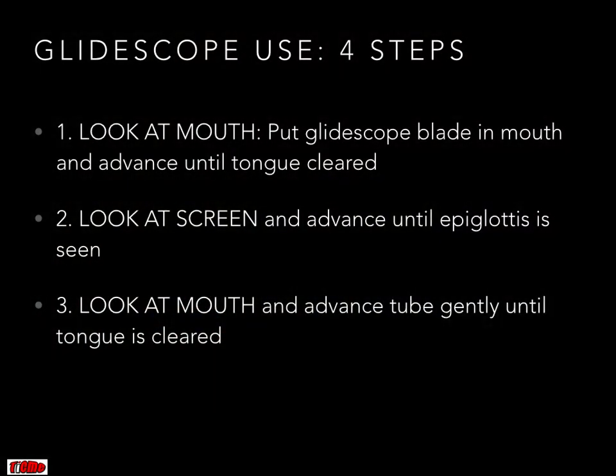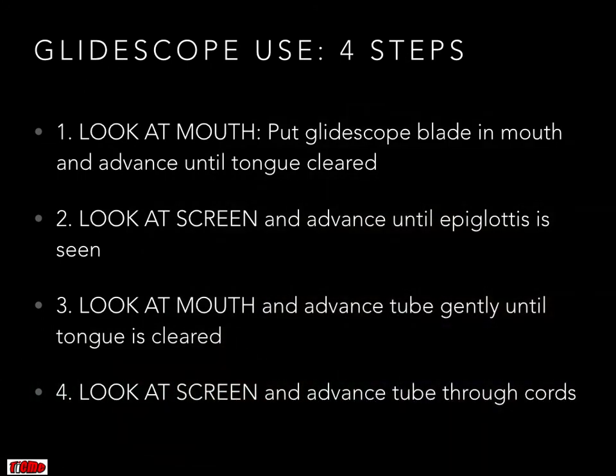Once you have got the Glidescope in the vallecula and you can see the cords, look at the mouth again and put your tube with the stylet in very gently, again around the corner under direct vision until you clear the tongue. Then you look at the screen again and advance the tube through the cords.